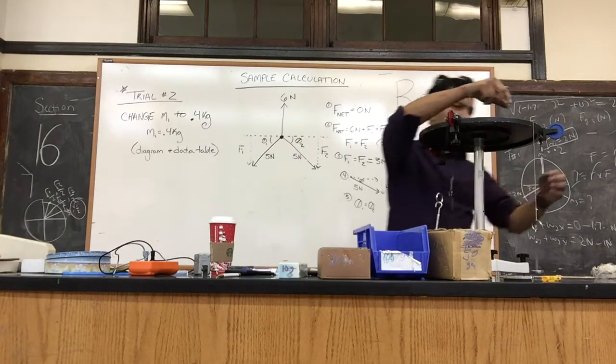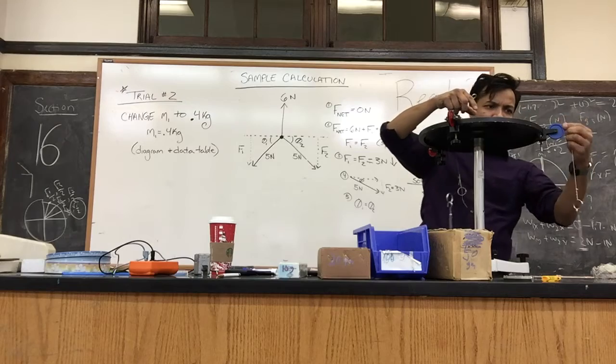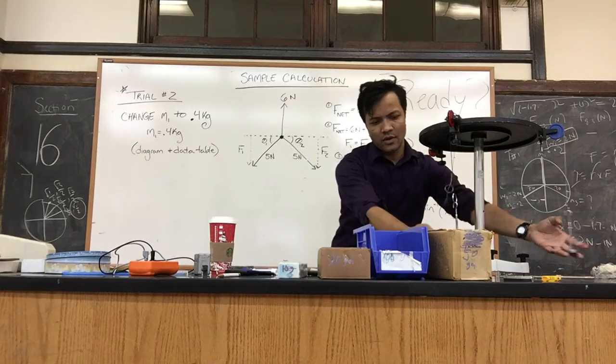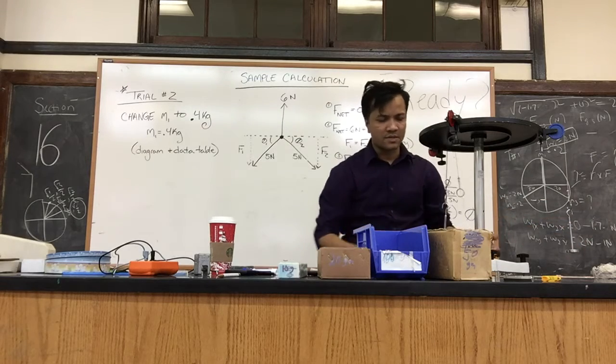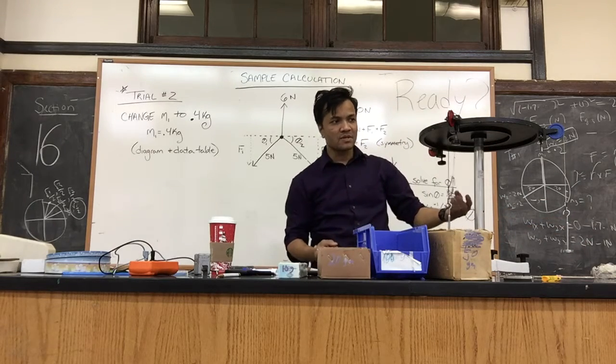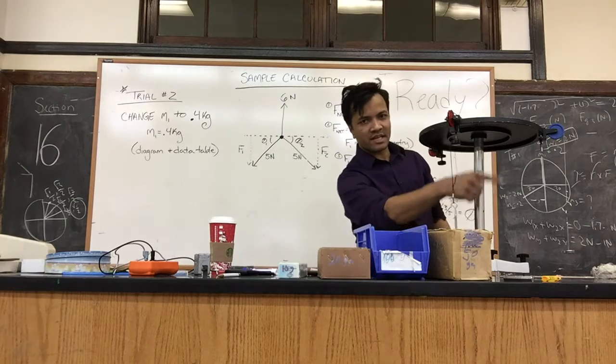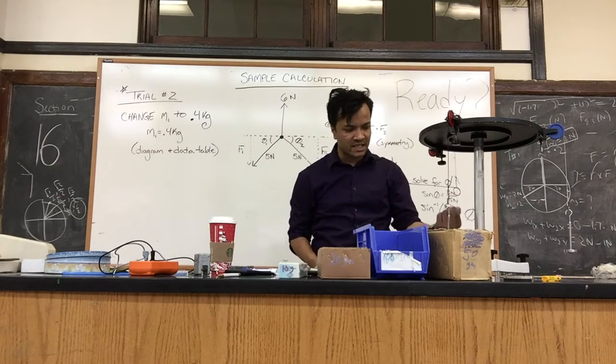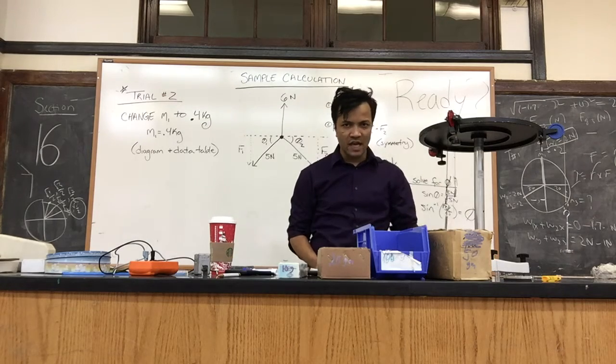Oh, there is no pulley over here. That's right. Okay, this is the pulley. So now they are not in equilibrium because they are accelerating in this direction, because there is no force acting on this side.